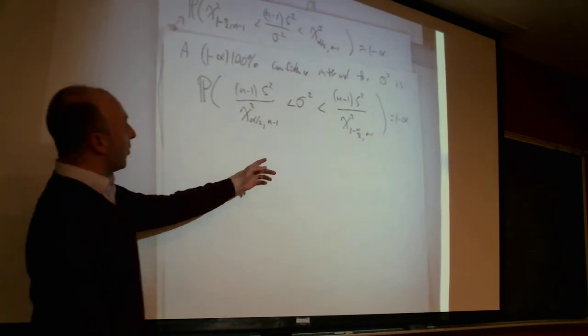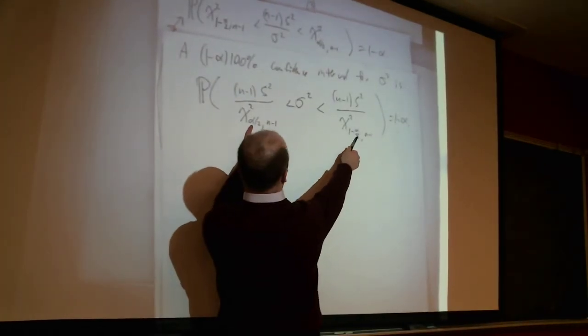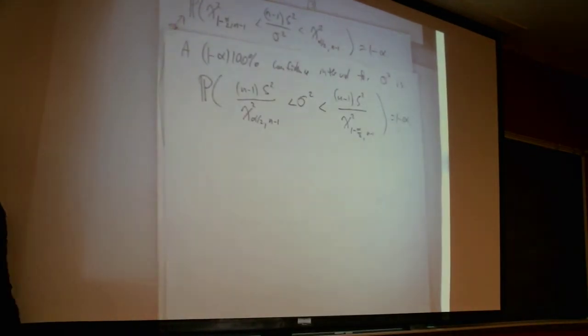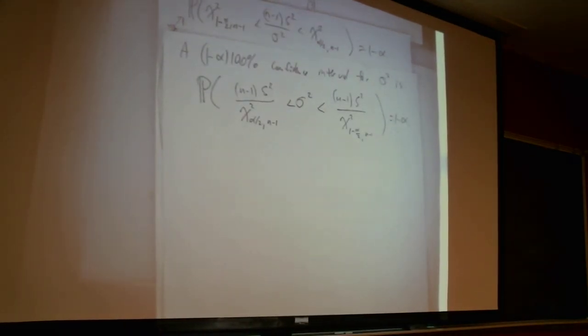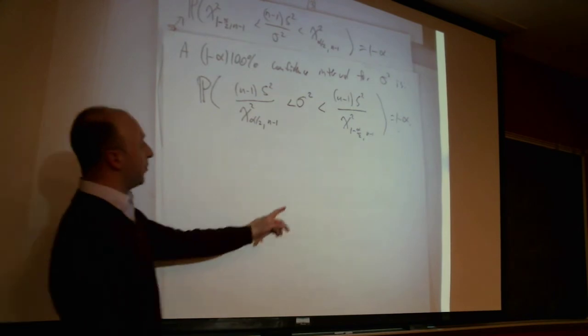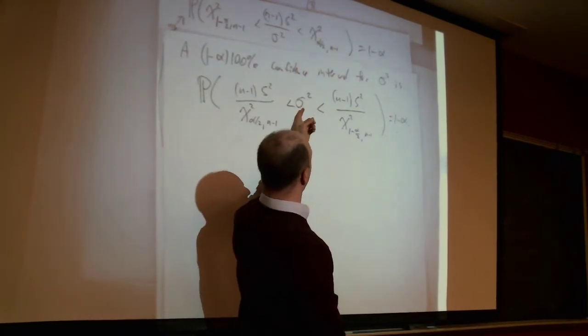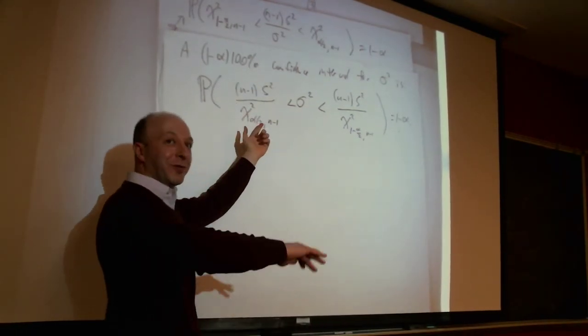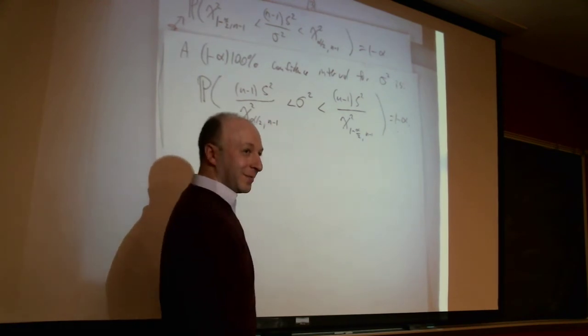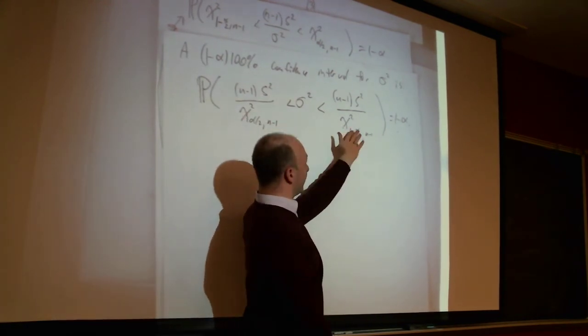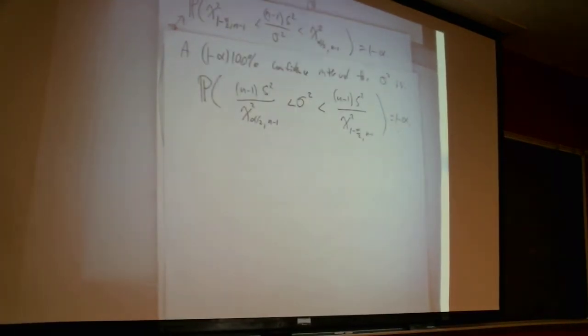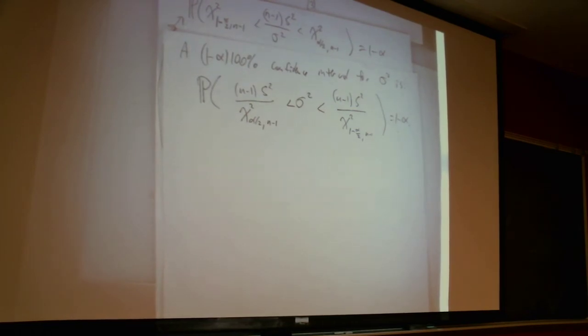But it would also be equal to 1 minus alpha for any convex combination that adds up to 1. So if you care much more about an upper bound for sigma squared, or maybe you care about a lower bound, you want there to be fluctuations, then you can adjust the balance here. Is that clear? All right, we have one more thing to cover.